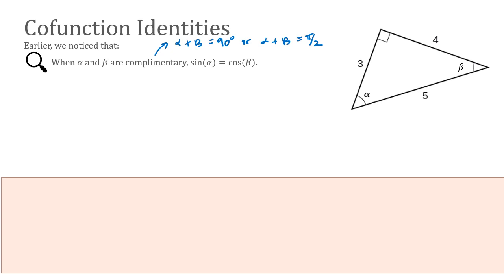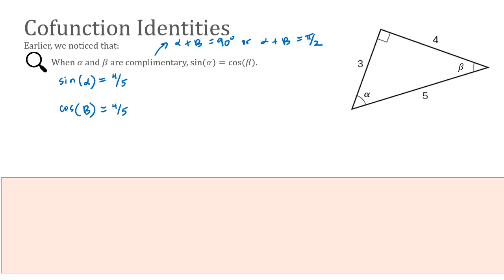And specifically in this triangle, the sine of alpha was equal to the ratio of the side across from alpha, which was 4, over the hypotenuse, which was 5, and the cosine of beta was equal to the length of the side adjacent beta, which was 4, over the hypotenuse, which was 5. So yes, they do equal each other.